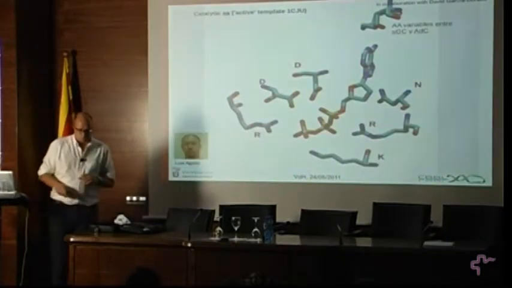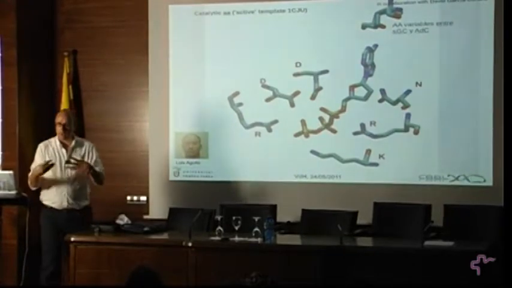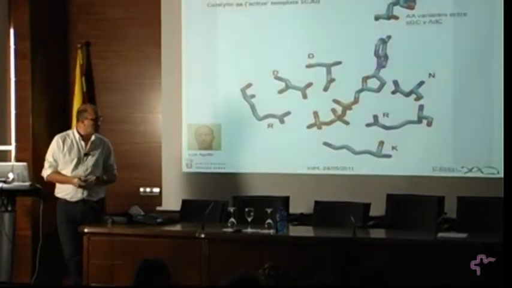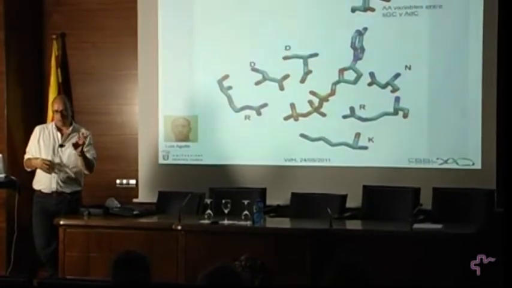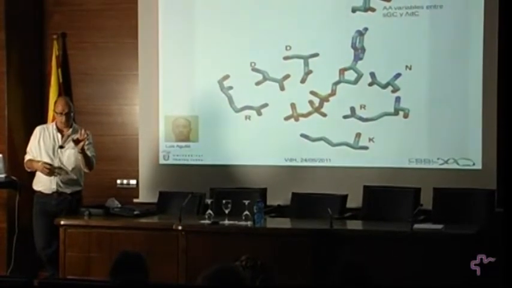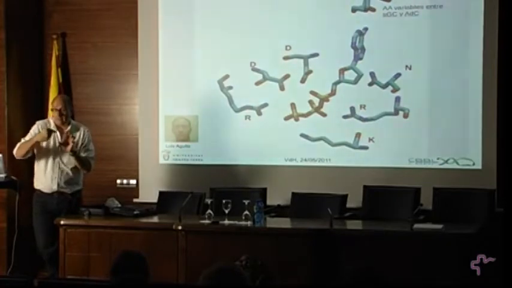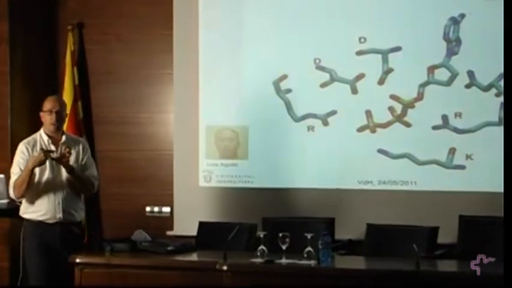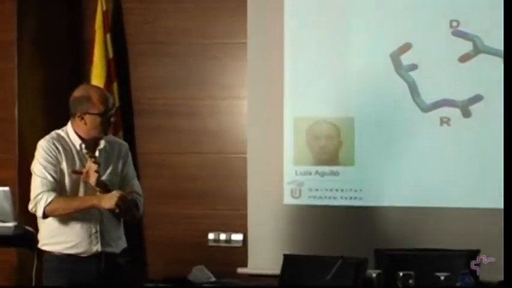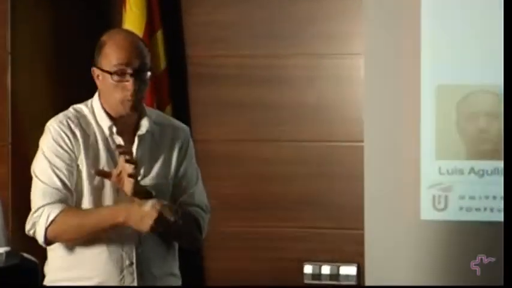In order to validate the model that is being built, we need to understand if it's correct or not. The molecule, soluble guanylate cyclase, produces cyclic GMP, so you take GTP and you have to end up with cyclic GMP.